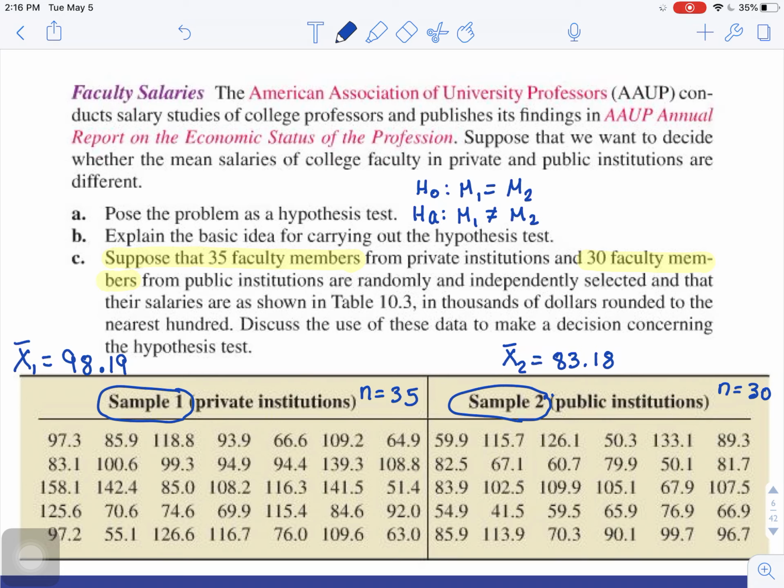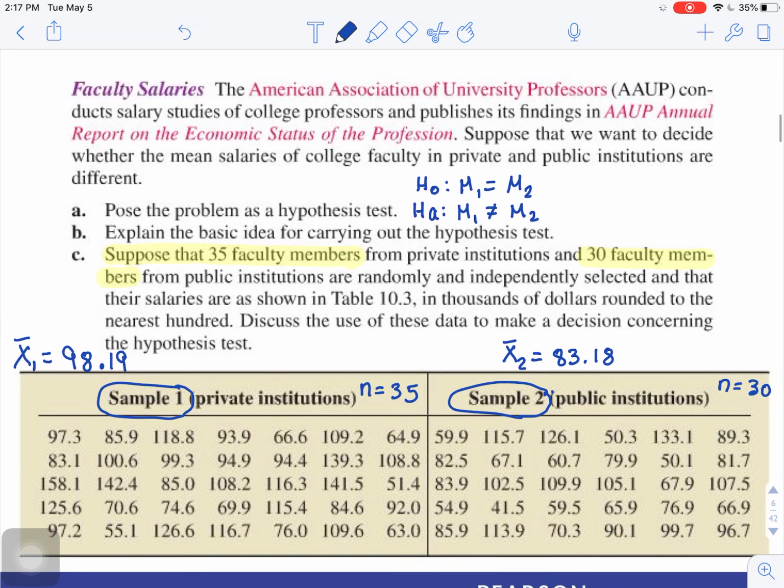So we can see that there's a difference of 15.01, or just over $15,000, but we're going to check to see with our sample sizes, one is a sample of 35, one is a sample of 30, is it actually statistically significant that there's a difference between the two means for those populations?